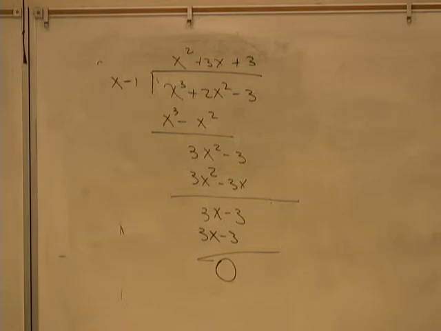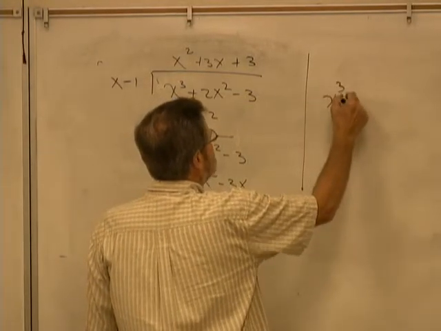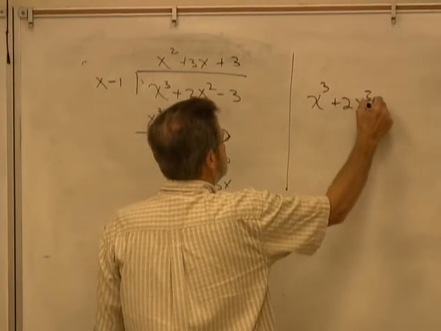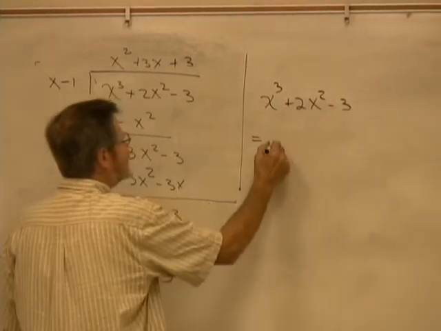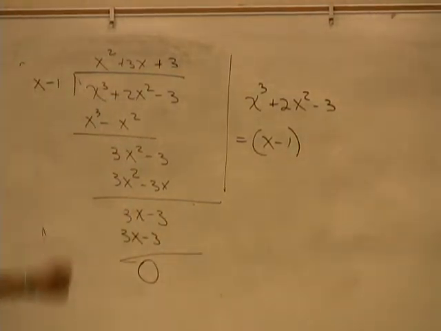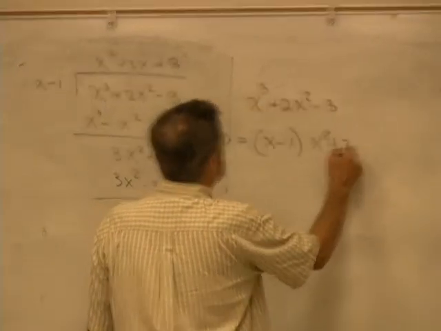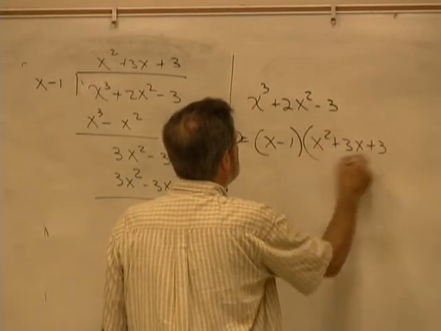Yes? So is that why you picked x minus 1? Because you wanted there not to be a remainder? Right. So that means that I can write x cubed plus 2x squared minus 3 as x minus 1 times q of x, which is x squared plus 3x plus 3.